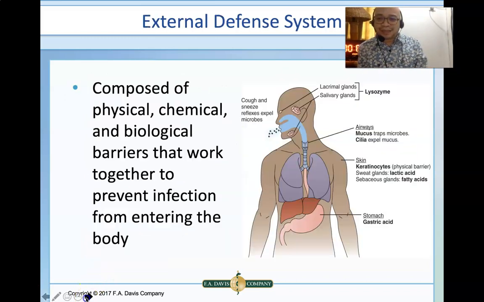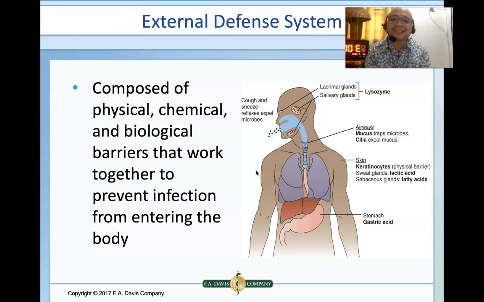For this particular lesson, let's talk about the external defense system. It is composed of physical, chemical, and biological barriers that work together to prevent infection from entering the body. As you can see in the illustration here, let's talk about the skin.